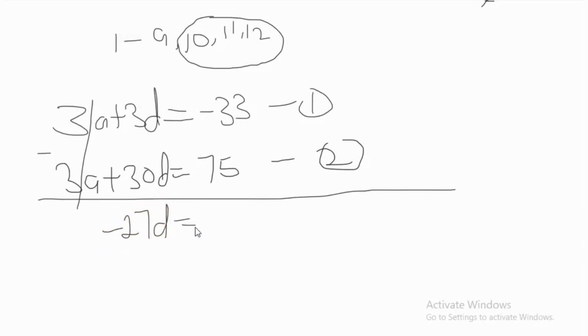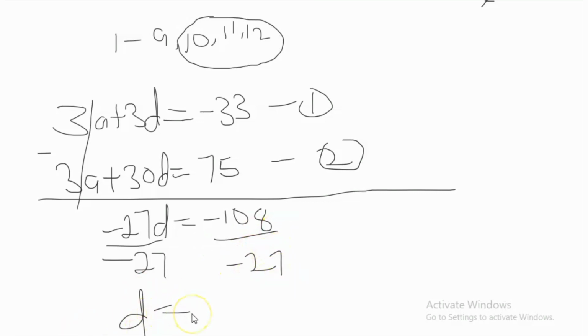Then negative 33 minus 75 would give us negative 108. Meaning if we want to find d, we just divide both sides by negative 27. Therefore our d is going to be positive 4. So we have the value for our common difference.